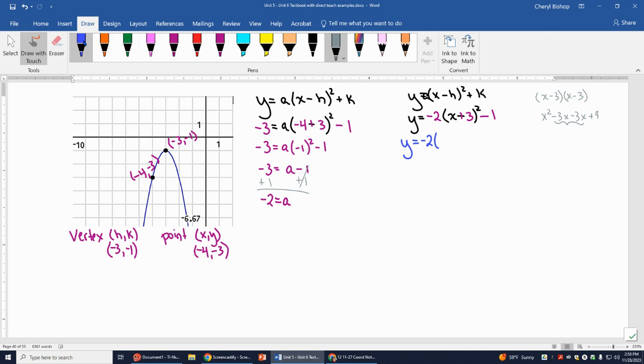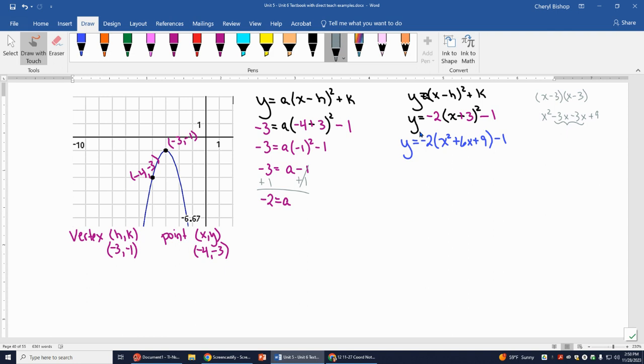Or you can use the rule that we learned that says you take your first term and square it. You multiply your two terms together, 3 times x, and double it, so that's 6x. And then you square the second term, and then they have that minus 1.